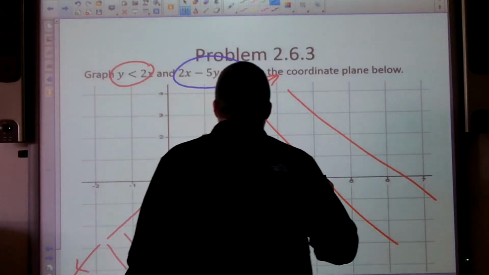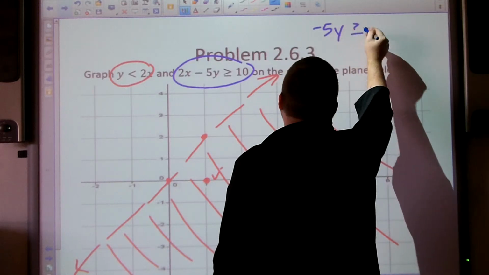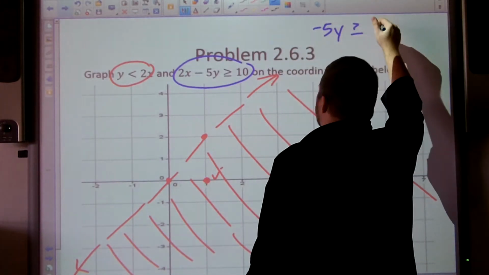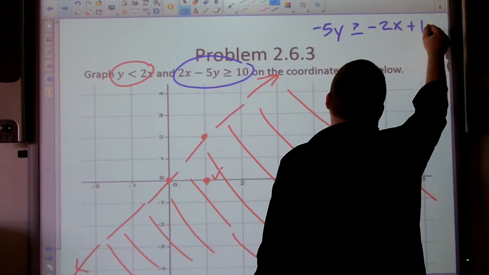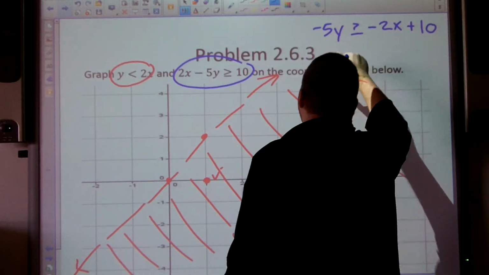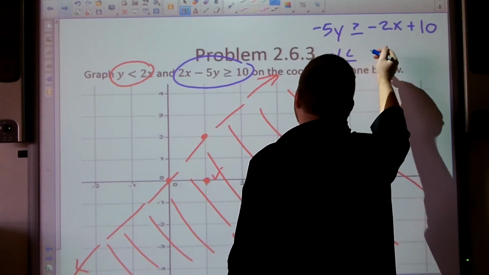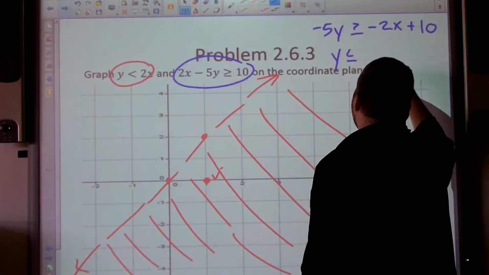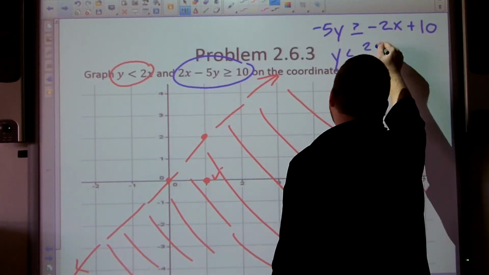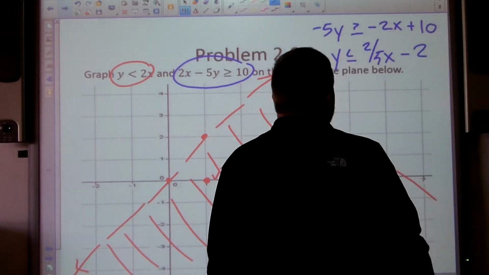Doing a little bit of work first, I have negative 5y is greater than or equal to negative 2x plus 10. Still need to get y by itself, so I have to divide by a negative, so y is less than or equal to, because remember, when you divide by a negative on both sides, you got to flip that inequality symbol. So positive 2/5 x minus 2.